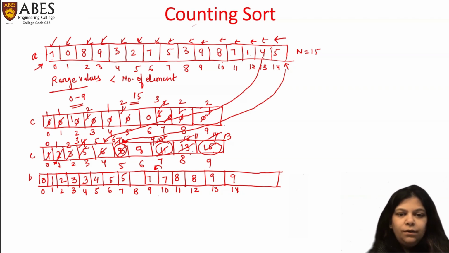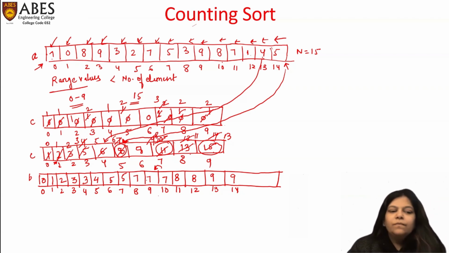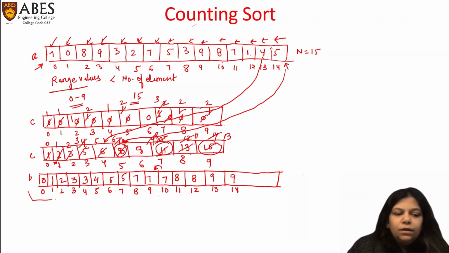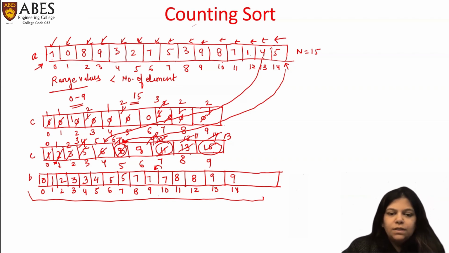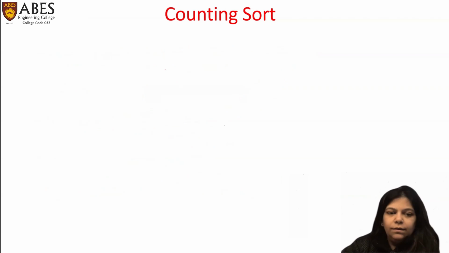For 7, we have value 9. So this will be stored at index number 8. Right? So this is how we have got the sorted values. Now let us discuss the algorithm of this technique.